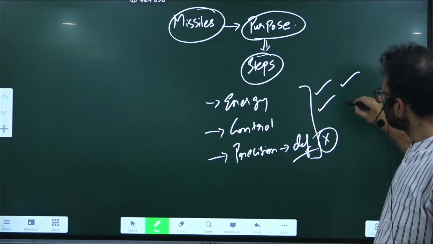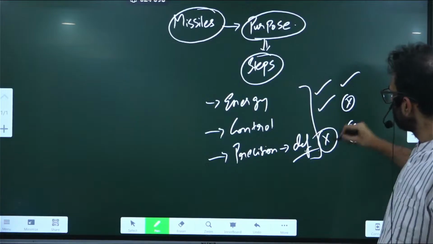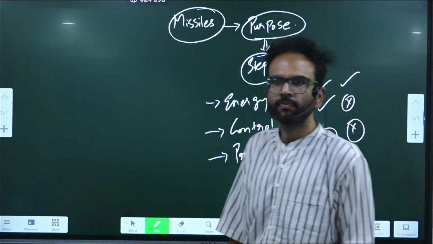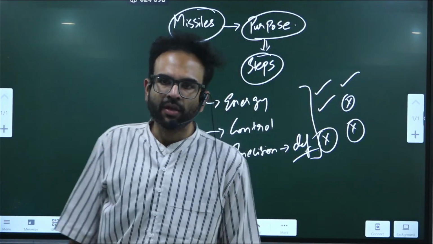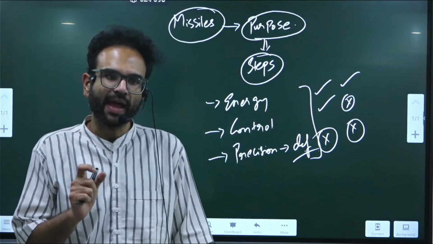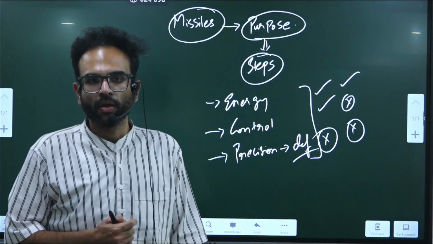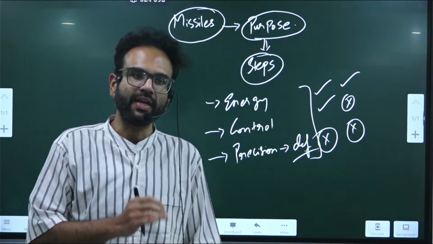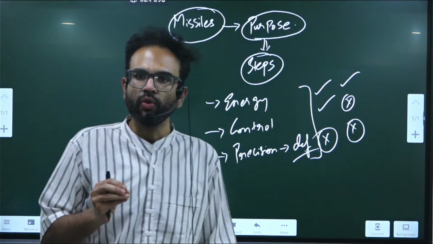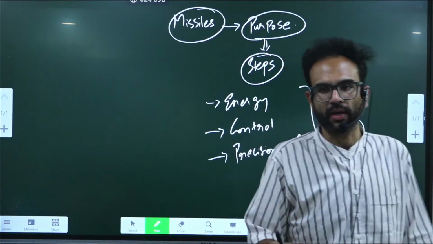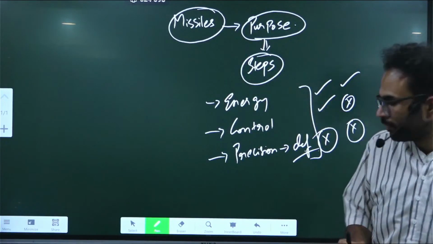Some will have energy, but precision is not so important. Like this, every missile is a factor of the problems that you are trying to solve. If you take a look at the history of Indian missiles, you have to know about something called the Integrated Guided Missile Program. Okay.